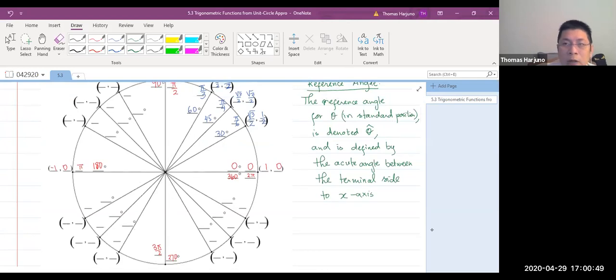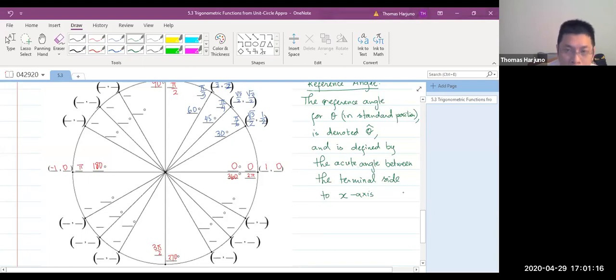The reference angle for angle theta, we denote it by theta hat, is defined by the acute angle between the terminal side and the x-axis. Now, we are not talking about the angle between the terminal side and the positive x-axis. No, not that one. That one is the angle in standard position.